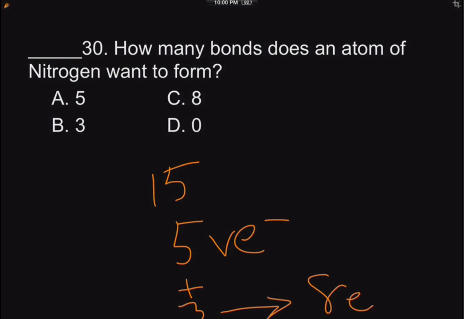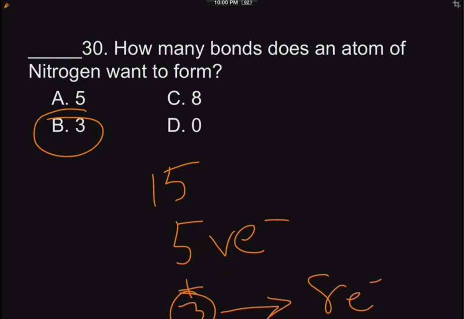Because that's what all the elements want. Well, in order to gain those 3 electrons, it's going to have to form 3 bonds with other elements, either 3 with one element, or 2 with one element, or one atom, and 1 with another, or 3 individual bonds. We'll get more into the different types of bonds and how you can have single, double, or triple bonds.